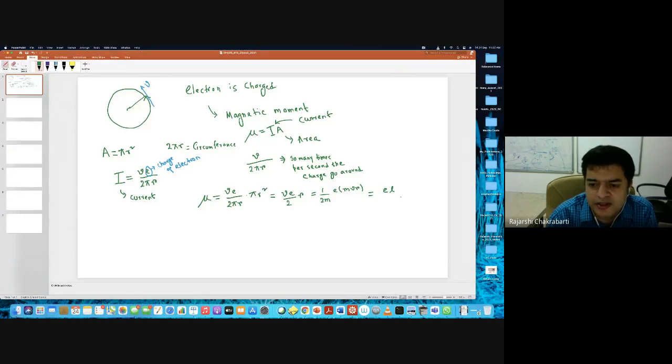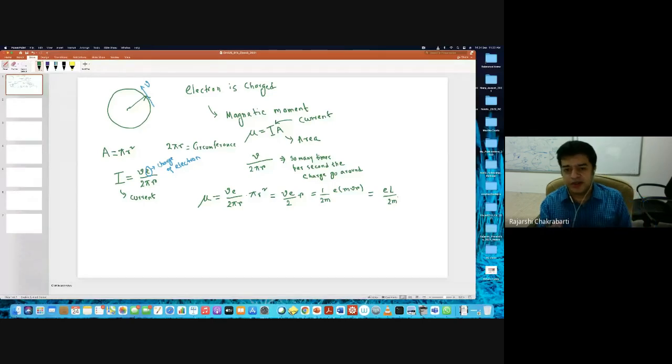I can use capital L also if you want. I have no problem. So mu equals e L divided by twice m. Okay, I have not taken care of the direction here. So this is how it is. L is your angular momentum.